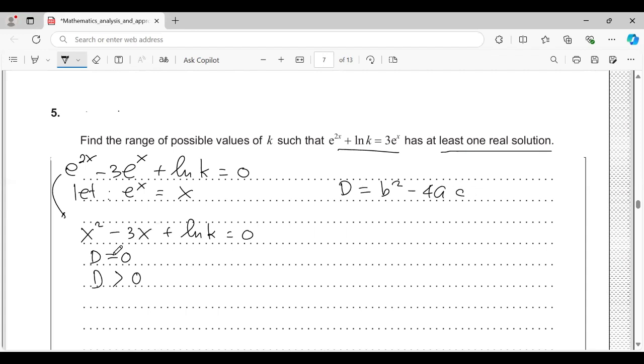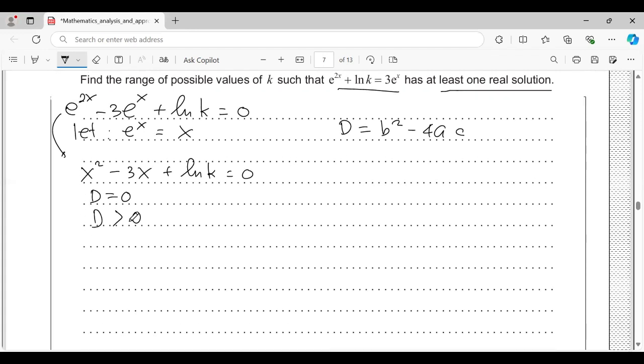So for this quadratic equation, a equals 1, b equals minus 3, and c equals ln k.